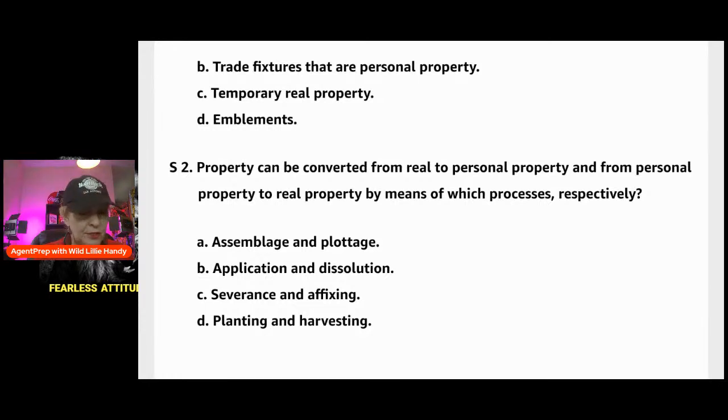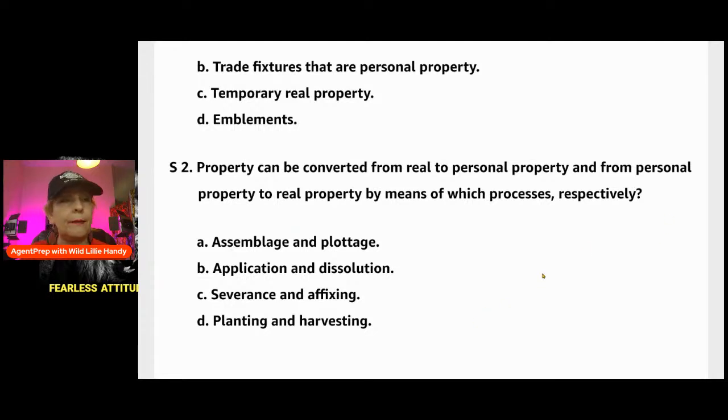Anybody that just came in, we are doing a sample Texas exam, even though it does have national questions. They are mixed in, national and state. Yes, the answer is 2C. Severance, because it's going from real to personal. They're severing it from the real property, and affixing because they're attaching it from personal property to real property.